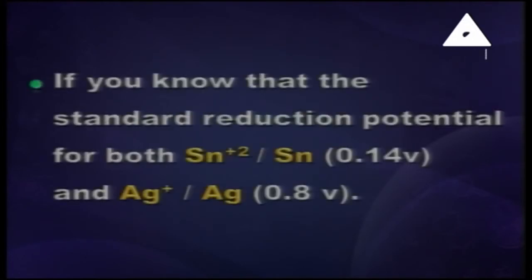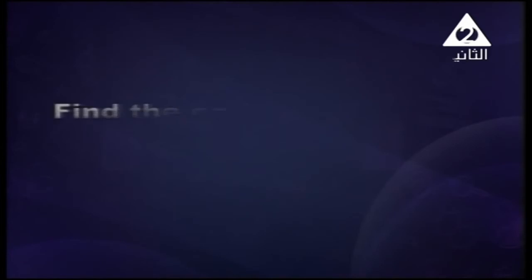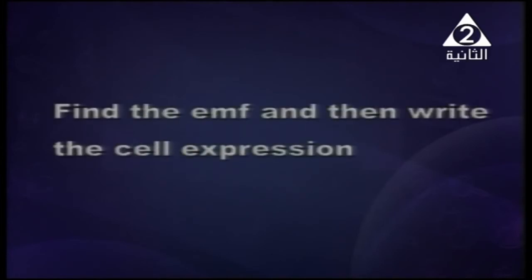If you know the standard reduction potential for both Sn positive 2 single bar Sn is negative 0.14 volt and Ag positive single bar Ag is 0.8 volt, find the EMF, then write the cell expression.